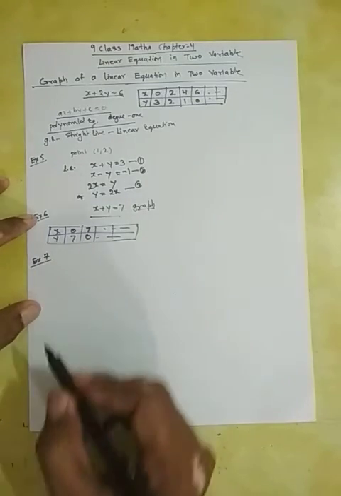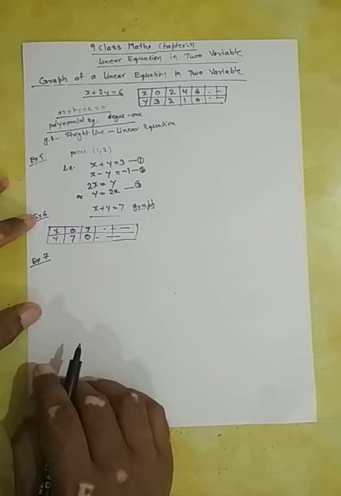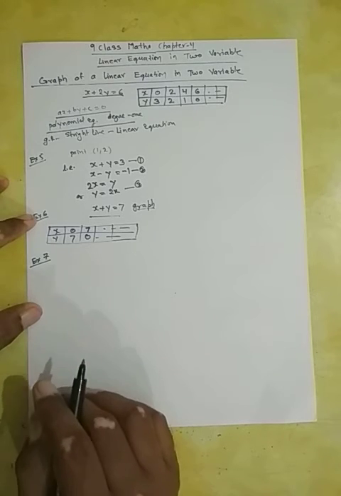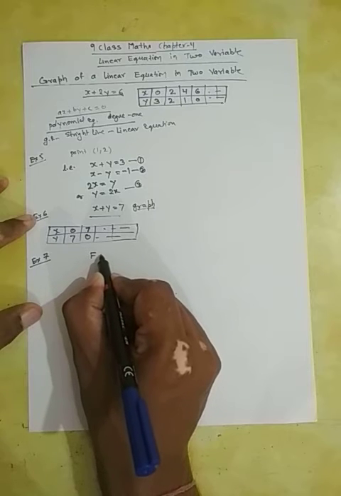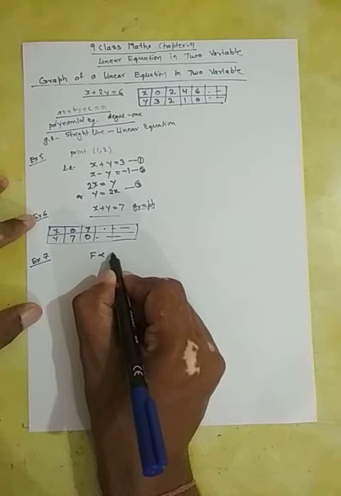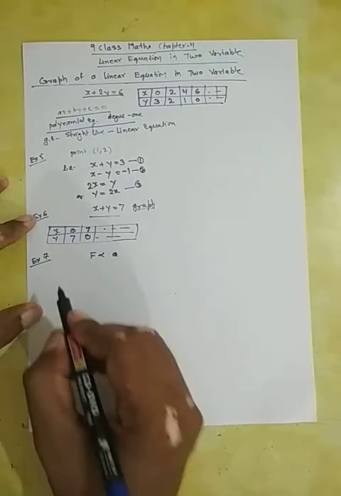Example 7 tells: you know that the force applied on a body is directly proportional to the acceleration produced in the body. Write an equation to find the solution and plot the graph of the equation. Here it is telling that the force F applied on a body is directly proportional to the acceleration produced in the body.